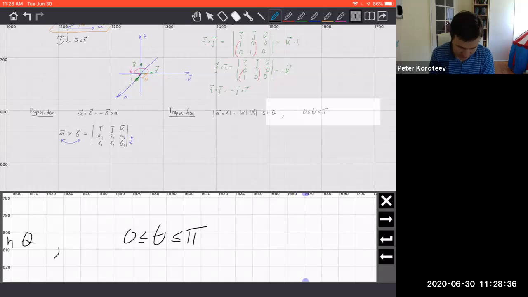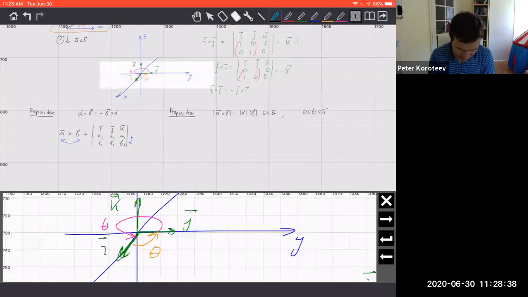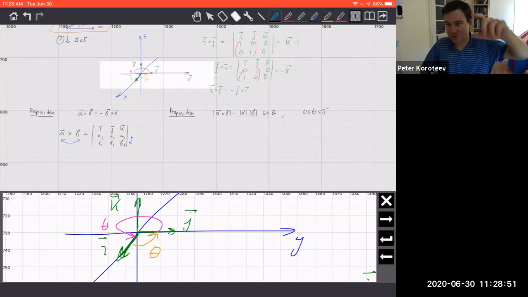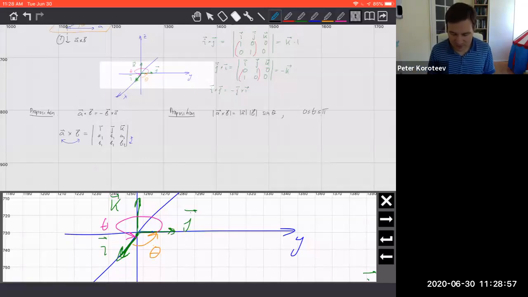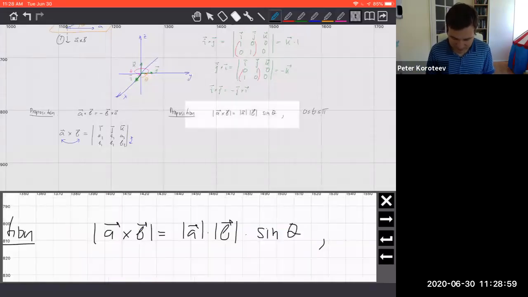If you have two vectors i and j, in order to calculate the magnitude, you always have to pick the smallest possible angle. It's true that the direction of the vector would flip if the angle is bigger than 180 degrees, but for the absolute value it's not important. We need to make sure that sine theta here is non-negative.